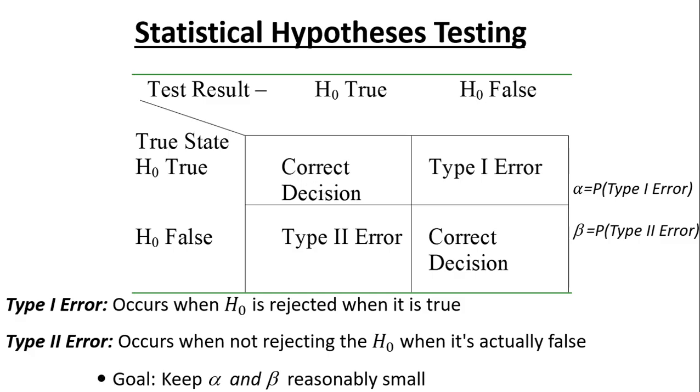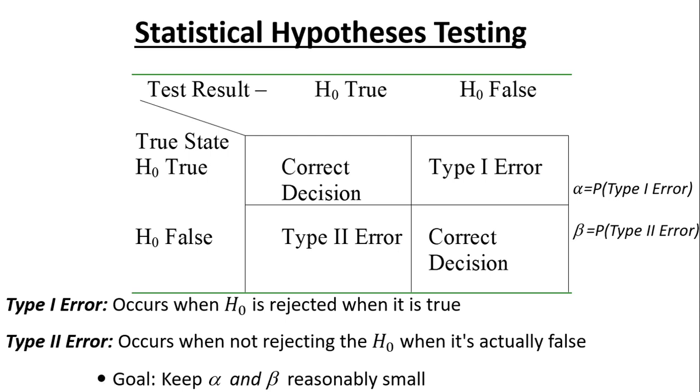In a case where you decide that your H naught, your null hypothesis, is true, meanwhile in reality it is false, we say you commit a type 2 error. And when you move further, your result depicts false, but in real life it's not false, it's true. That's a type 1 error.